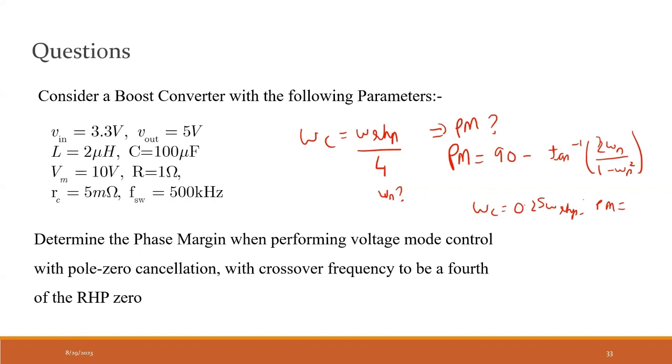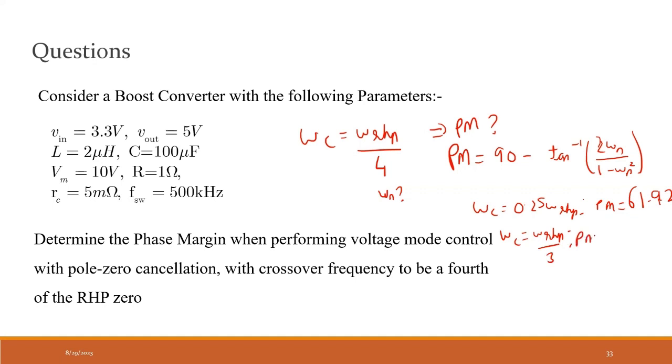Your calculator should be set in degrees, not radians. 61.92. Phase margin is 61.92 degrees.